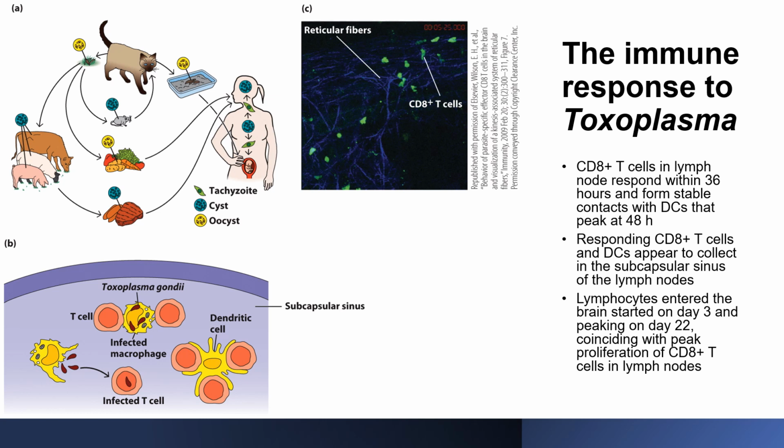And then they can spread this infection throughout the rest of the body through the circulation, and by passing those infected macrophage bits can actually spread the infection to T cells themselves and produce infected T cells. So this is why clearing a toxoplasma infection is really, really difficult, because the pathogen itself can actually hijack the immune system and use it as a method to travel throughout the body.